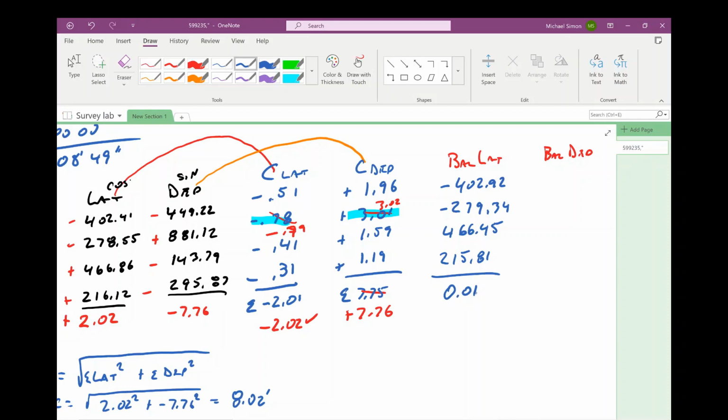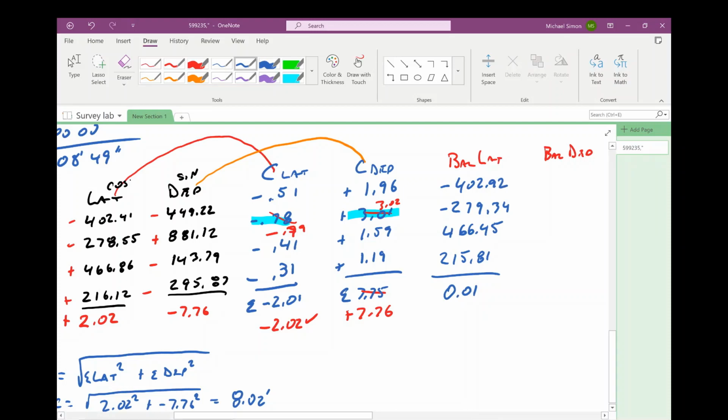And 402.41 minus 0.51. Why did I put 2? Oh, it's a negative, I'm sorry. Negative 402.41 minus 0.51. Okay, yeah, 402.92.